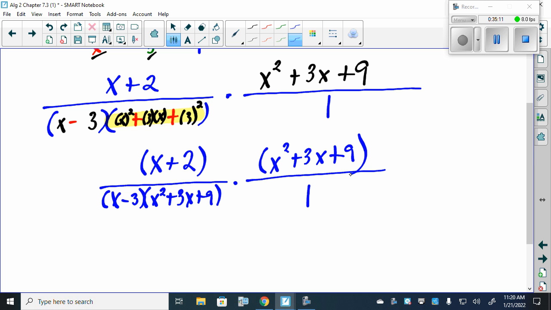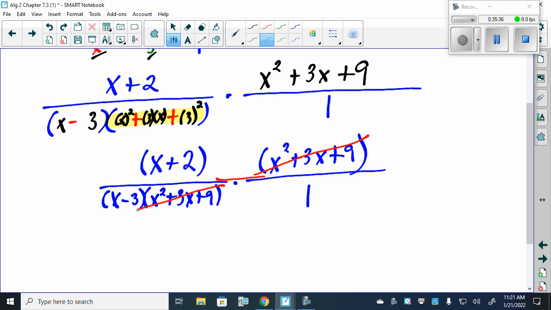Now, what we would do next is rewrite them with them multiplied together, yes? The tops multiply with the tops, the bottoms multiply with the bottoms. Okay, now they're all on 1, yes? And what's going to cancel out? X squared plus 3x plus 9.